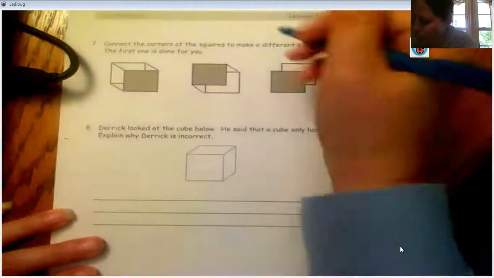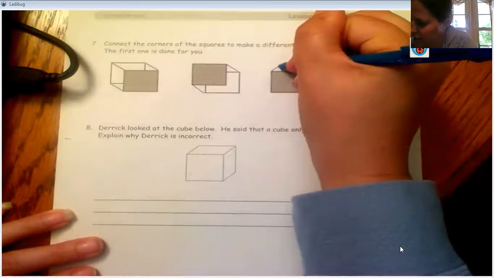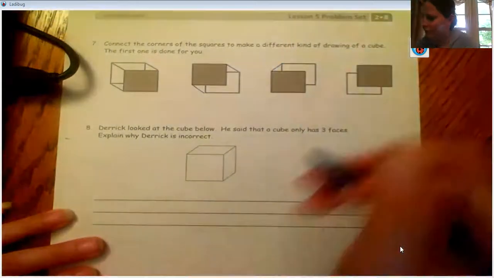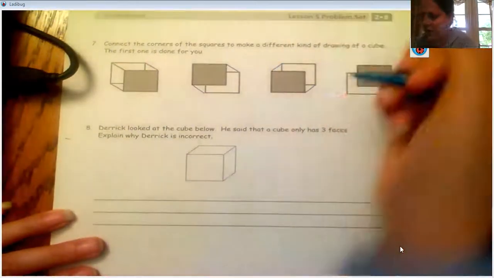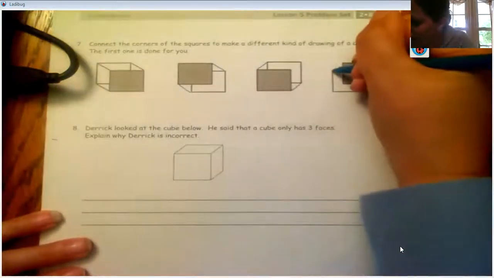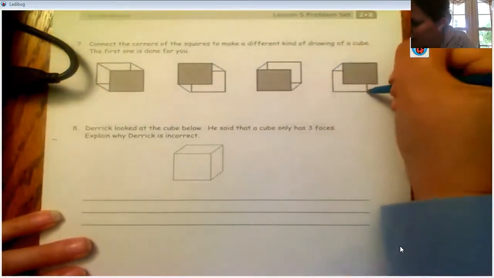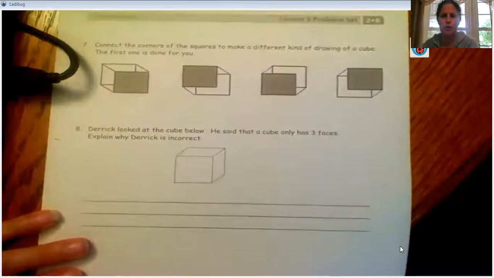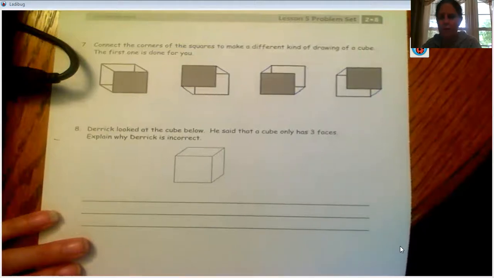All right, here's another one. I'm going to connect these two corners and these two corners. And in our last one, here's two corners and here's two corners. So we've just drawn some different examples of cubes. Now I wonder, you know what I'm realizing, boys and girls?